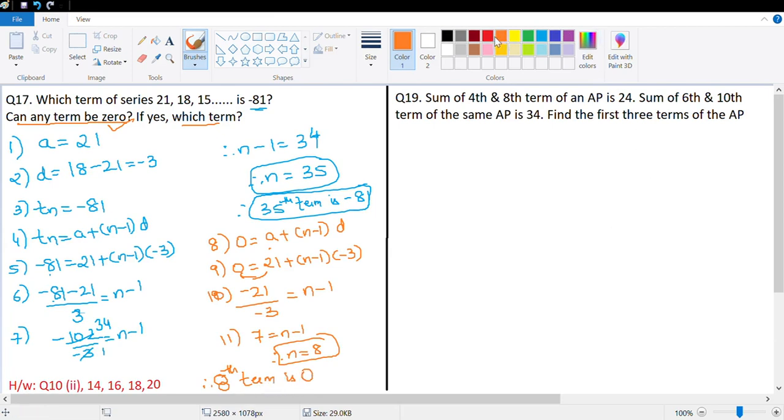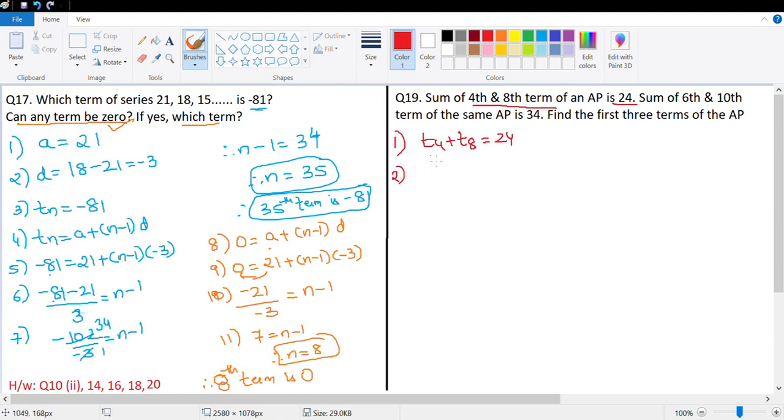Good. That brings me to the last question of this exercise, which is question number 19. It says the sum of the 4th and the 8th term of this AP is 24. So T4 plus T8 is given equal to 24. Now let's write it in the form of values that we know.